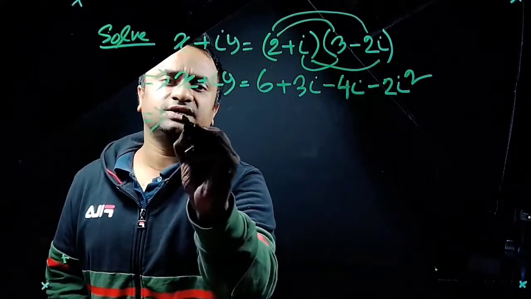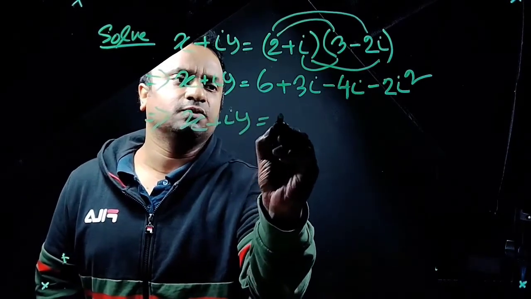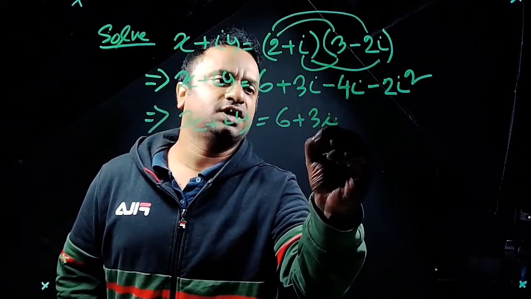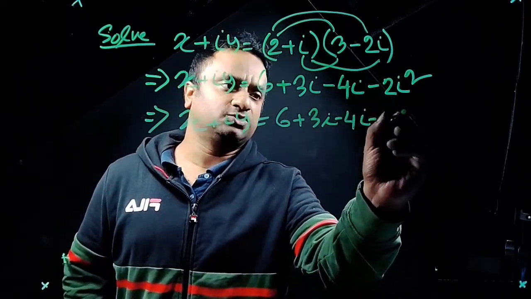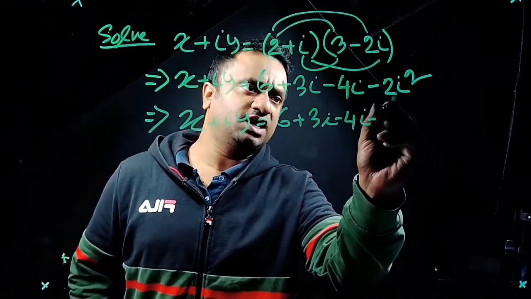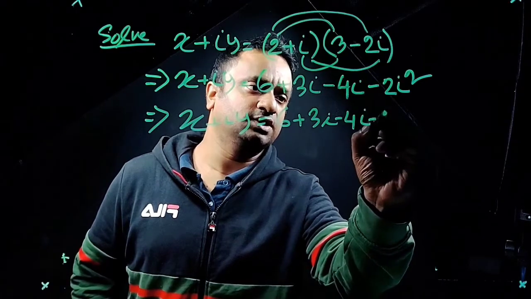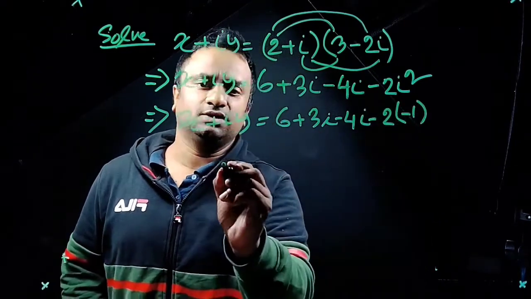Now we can write it as x plus iy equals 6 plus 3i minus 4i, now minus 2i square. So we know that if we find i square, we can write it as minus 1 because i square equals minus 1. So I can write it as minus 2 times minus 1.